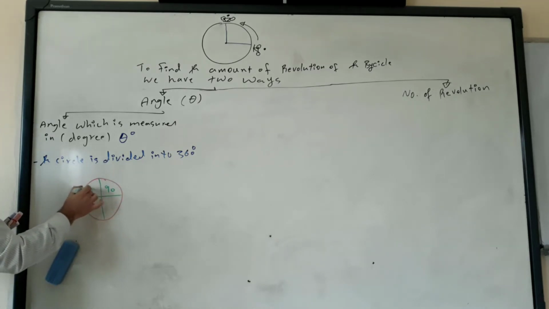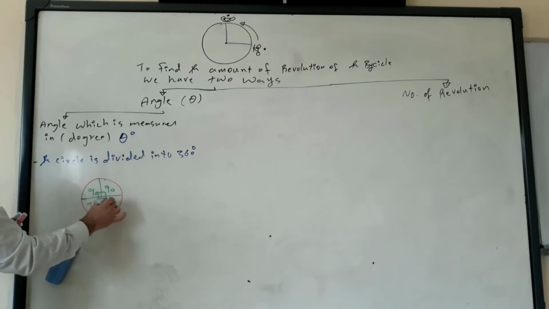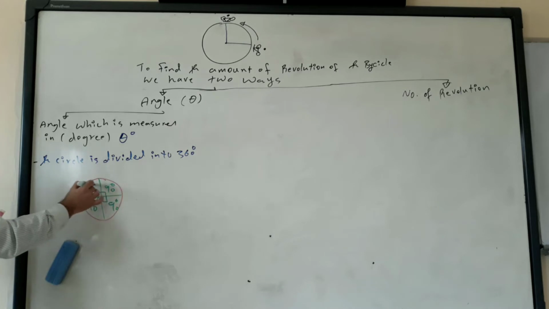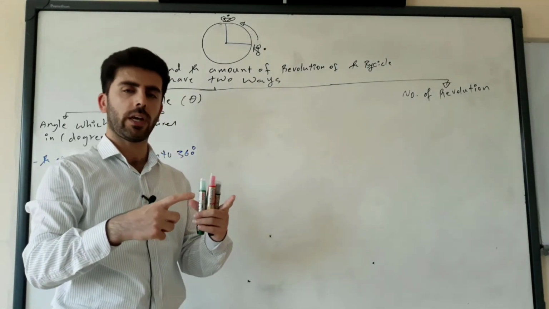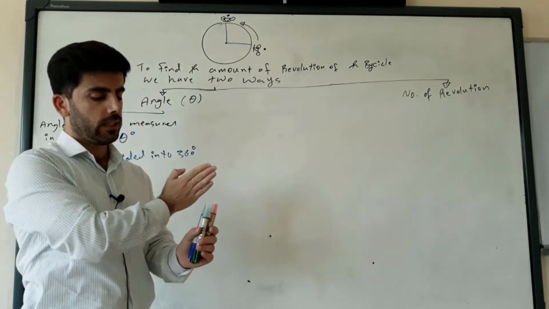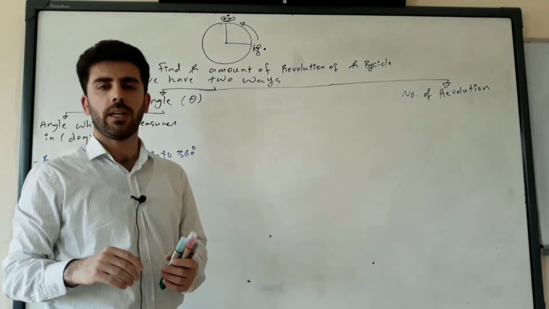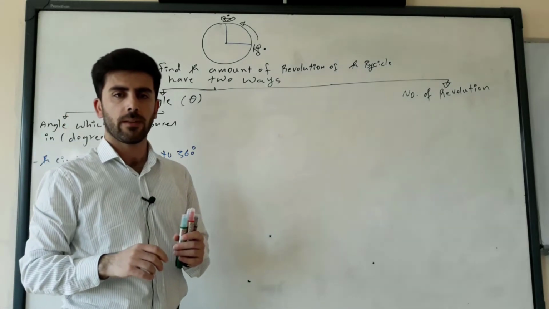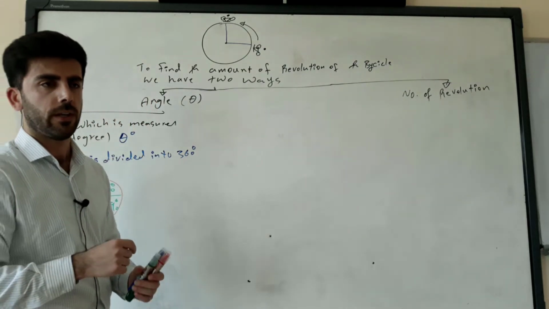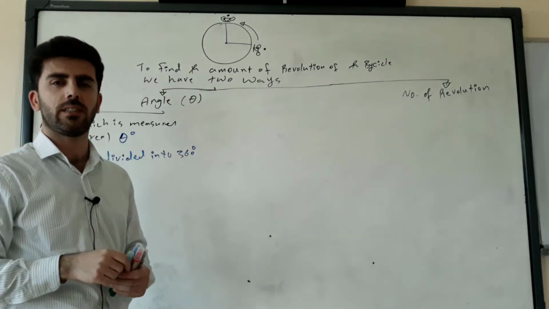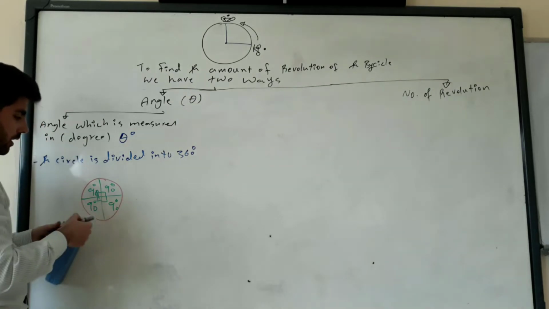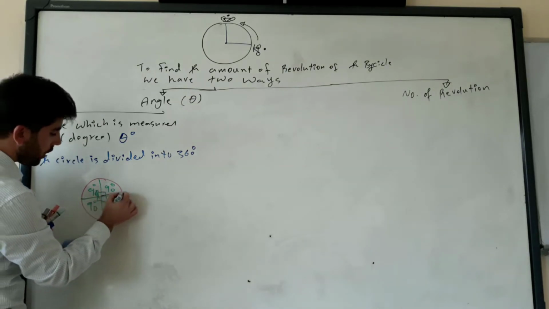This is 90 degrees, and this one is 90 degrees, and this one is 90 degrees. This one is also 90 degrees. So if you add them all, you get 360 degrees. You can think about the circle as a piece of cake, and if you slice the cake into 360 pieces, this is pretty much similar to this example. 1 degree, guys, is just a simple change.